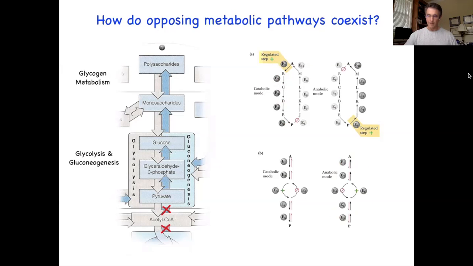In this pathway design, they're the same. All that matters is that I control by differentially regulating either this guy or this guy, depending on whether I want to run up or down. I either turn this enzyme on or I turn this enzyme on and turn the other one off.